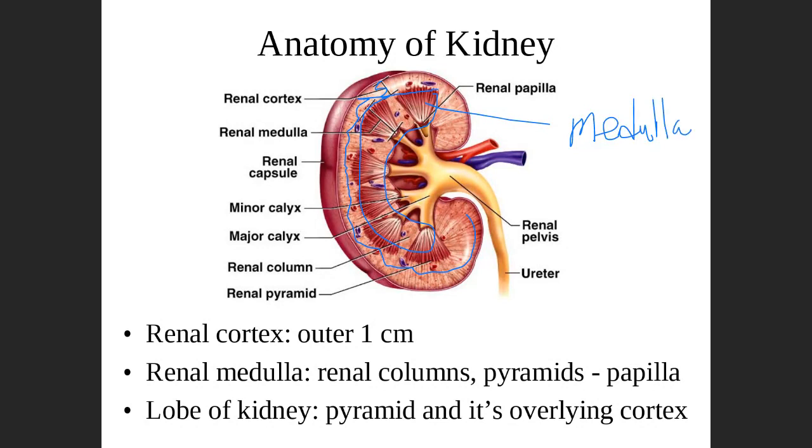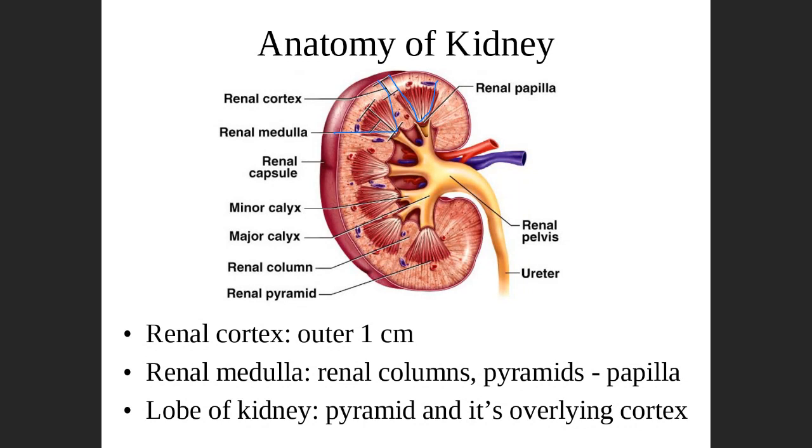So the cortex is on the outside and the medulla is on the inside. Now, the medulla is in fact divided so that you can see there are different lobes. So here's one lobe, if you will. Here's another lobe.